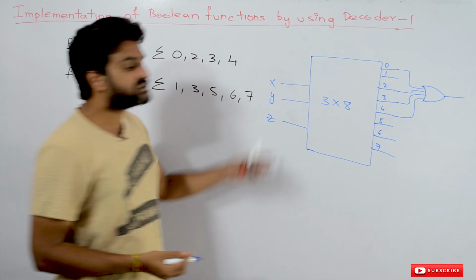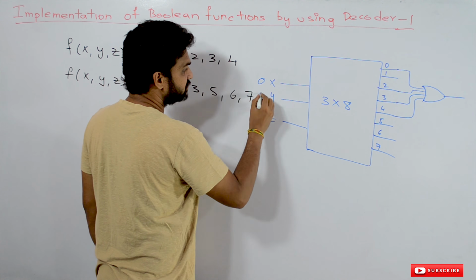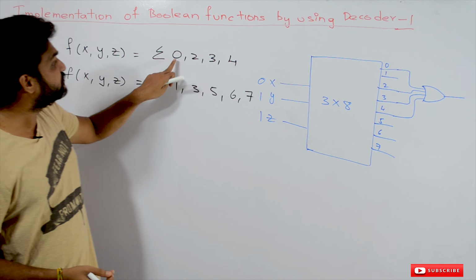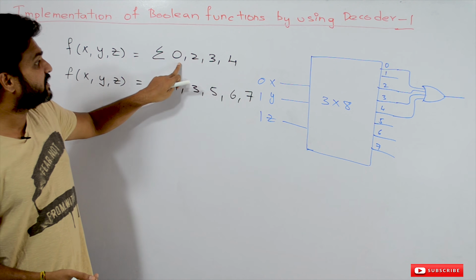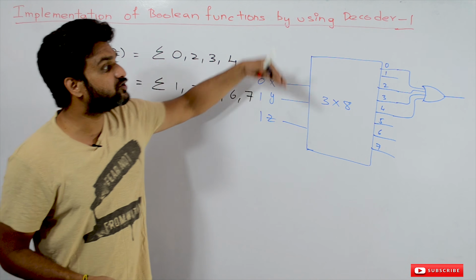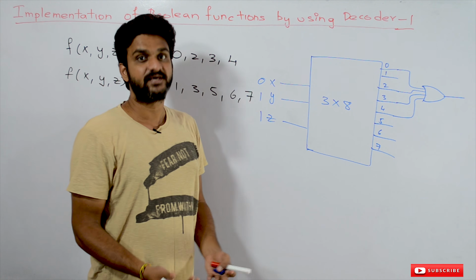With this, the function will get implemented. For example, if you give an input of 0, 1, 1, what happens? If for any of these minterms the device is producing an output of 1, the function will get implemented, isn't it? Yes.